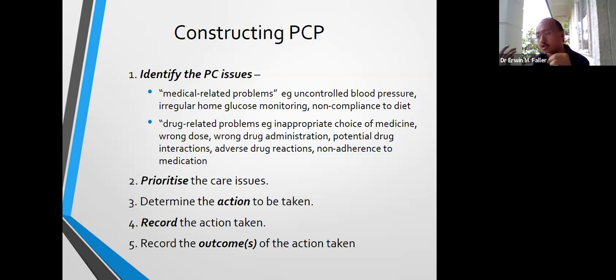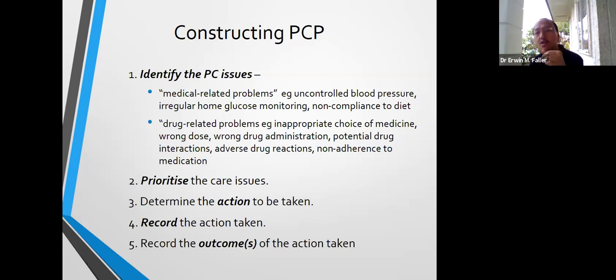This is our plan, our schedule. We will be able to advise the patient, monitor the patient and identify certain issues and concerns of the patient, and what would be our appropriate action or advice, or a particular plan for the patient, and what would be the certain outcome of this pharmaceutical care plan.